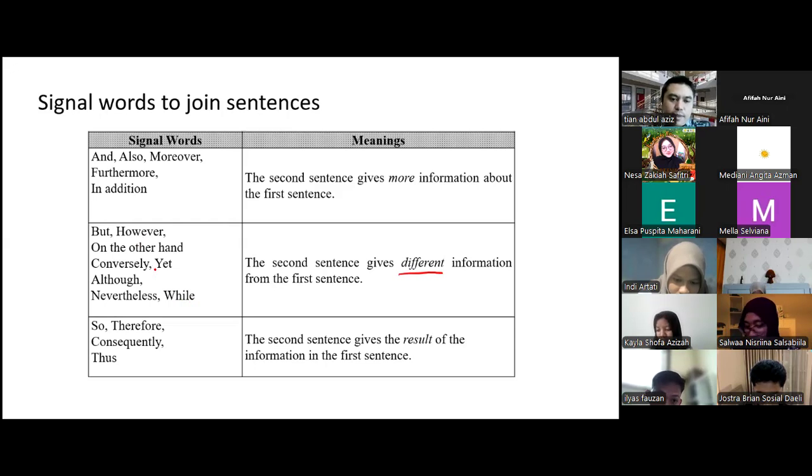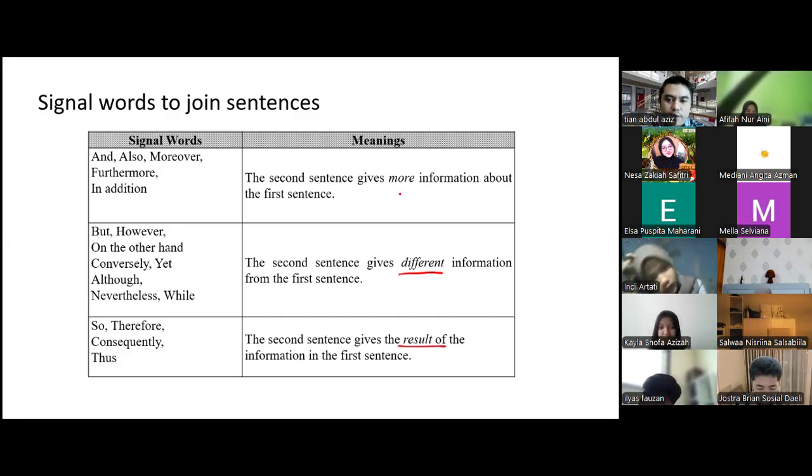The third row has examples of signal words such as so, therefore, consequently, thus. For the third row, the second sentence gives the result of the information in the first sentence. So you have to highlight here the meaning of the signal words. For the first, the second sentence gives more information.